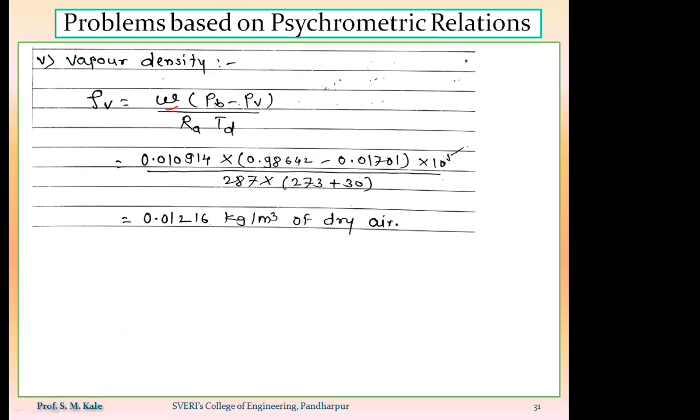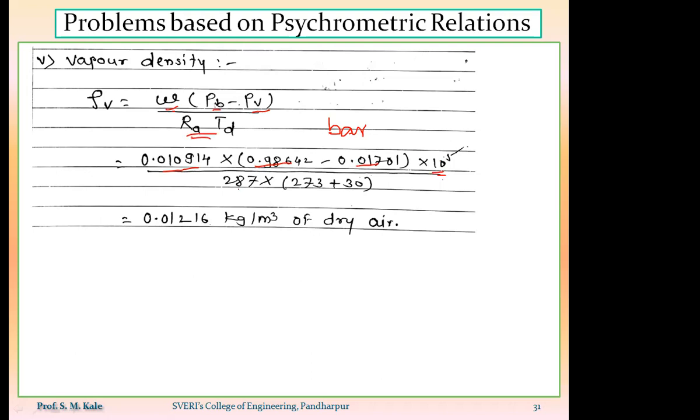That should be in terms of kg per kg of dry air. PB minus PV. आता हे PB आणि PV च्या ज्या व्हॅल्यू घेतलेत आपण त्या कशामध्ये घेतलेत बार मध्ये घेतलेले आहेत. That value we have taken in terms of bar. That's why into 10⁵ should be there to convert that bar into Newton per meter square divided by RA.